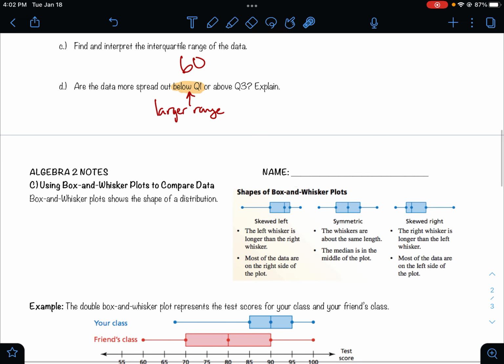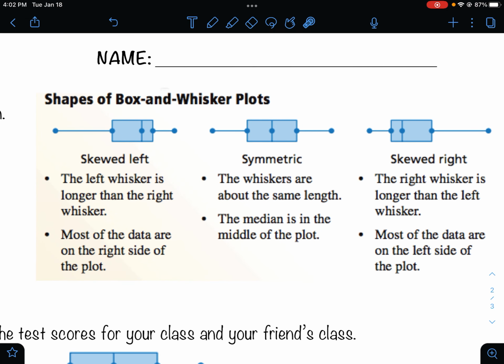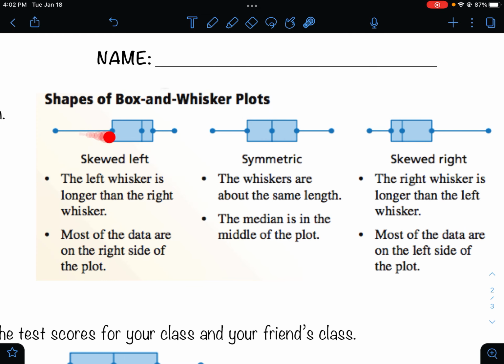Now, coming down here, we're going to talk about shape distribution of box and whiskers. And we're going to do this with frequency distribution graphs, but for here with box and whisker plots, this is how you tell whether your data is going to be skewed left, symmetrical, or skewed right. And what we want to pay attention to here is you have to understand the way data gets skewed.